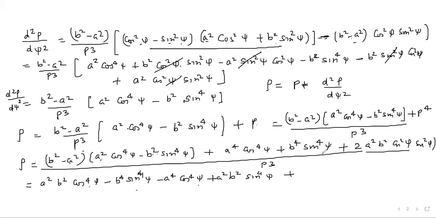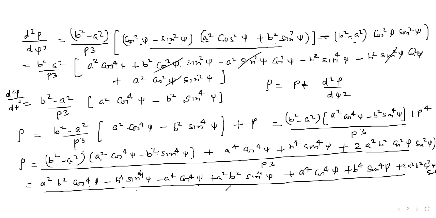So here we have already written it: a power 4 cos power 4 psi plus b power 4 sin power 4 psi plus twice of a square b square cos square psi sin square psi, divided by pq, whole divided by pq.